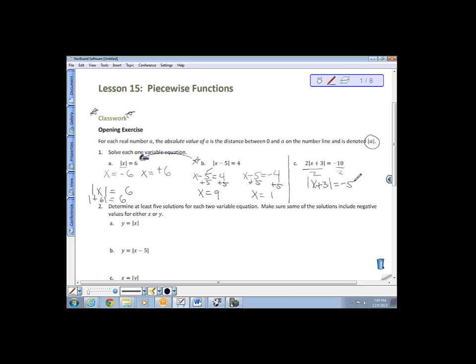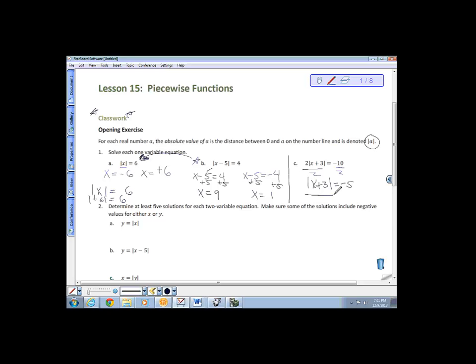Now when I think about solving that, I come to an issue here because an absolute value of something cannot be negative. When I'm taking the absolute value of x plus 3 and setting it equal to -5, that's just never going to happen.